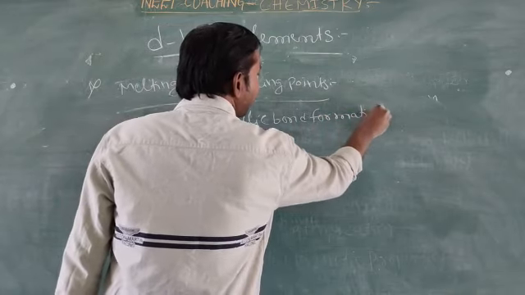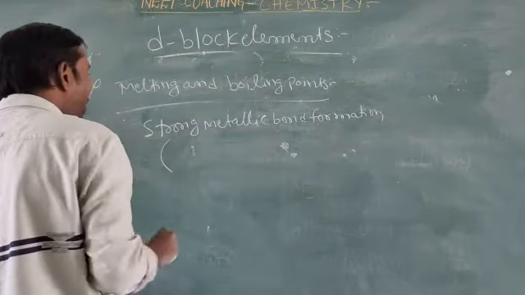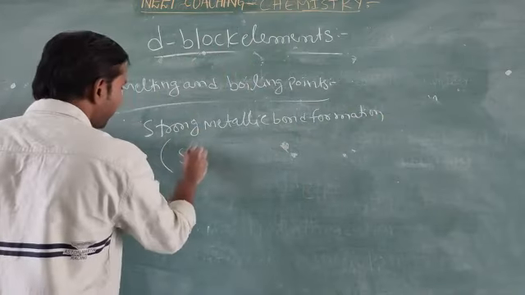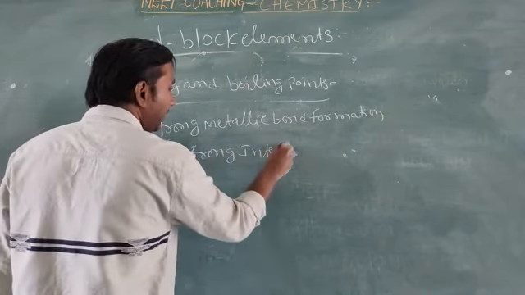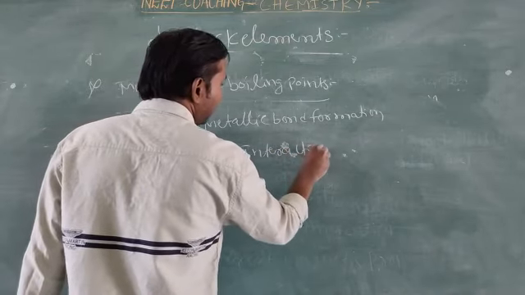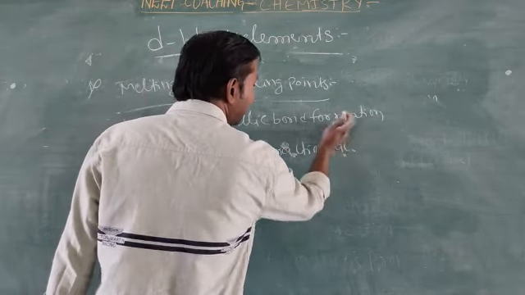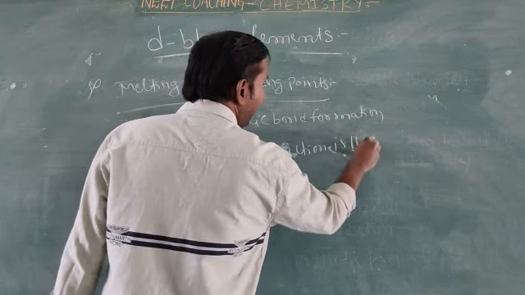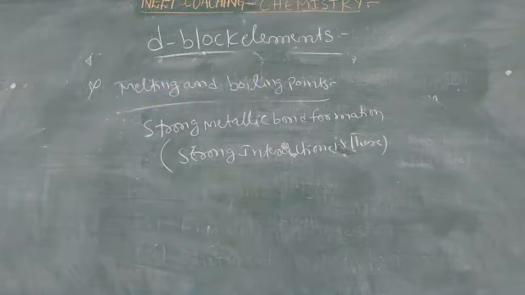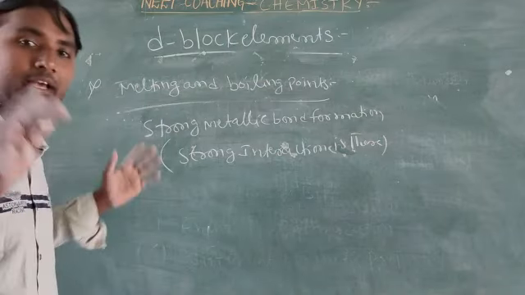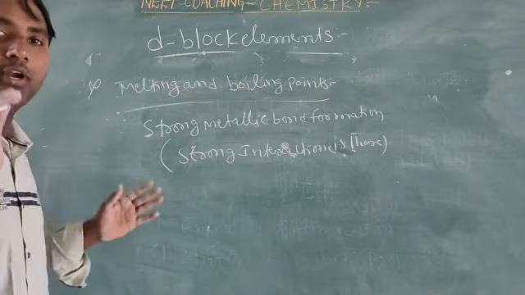That means strong interactions are there. Why are strong interactions there, or why do d block elements form strong metallic bonds? The simple reason is the presence of unpaired electrons.